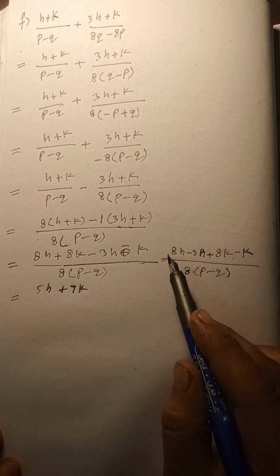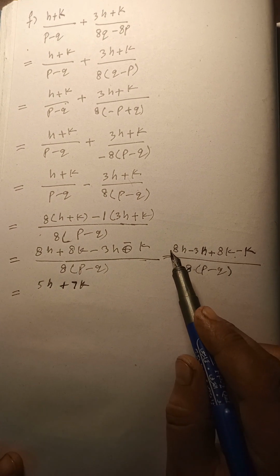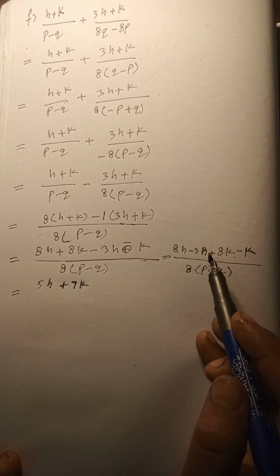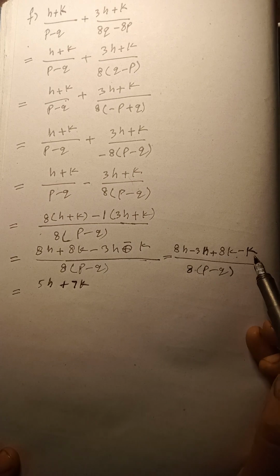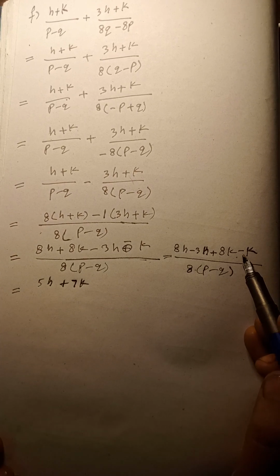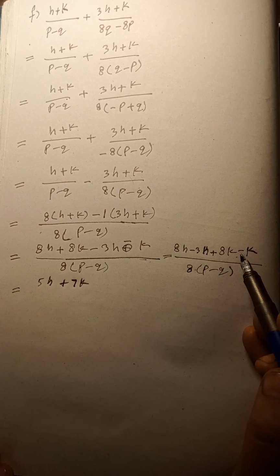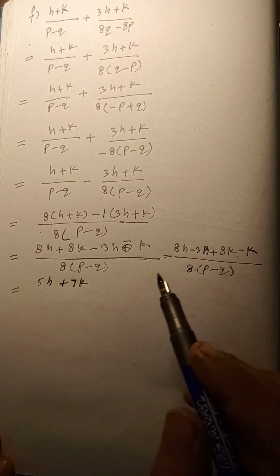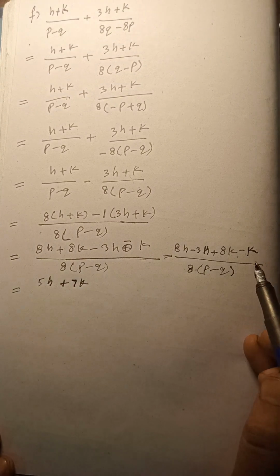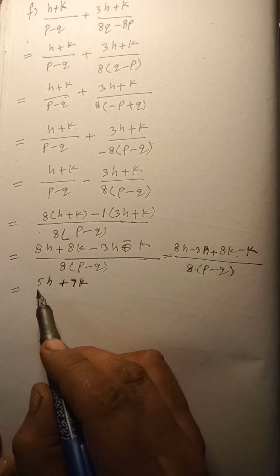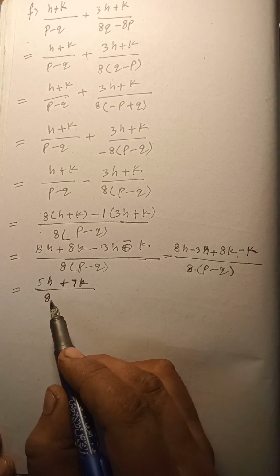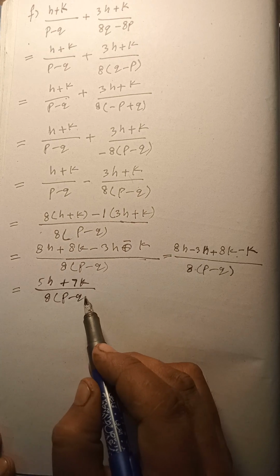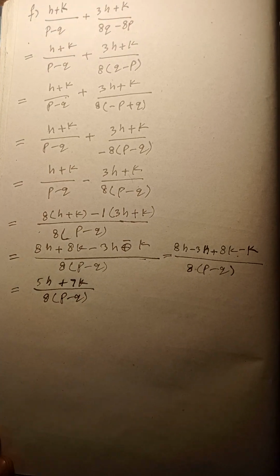I have subtracted these because both are opposite sign, plus 8h and minus 3h, and plus 8k and minus 1k. Because both signs are opposite, therefore we will subtract, and we will write the sign of bigger term, that is 8k, so plus 7k after removing minus 1k. And in the denominator 8 into p minus q will remain same.